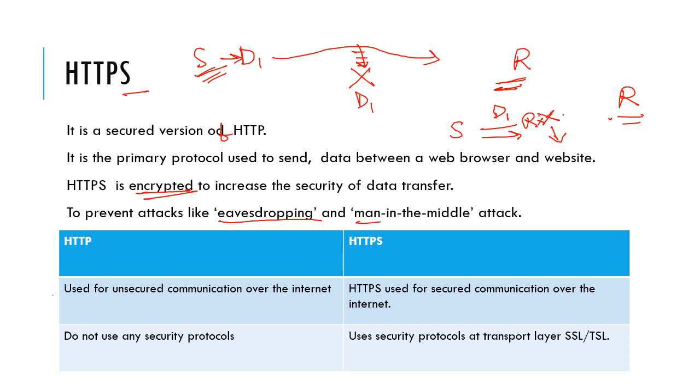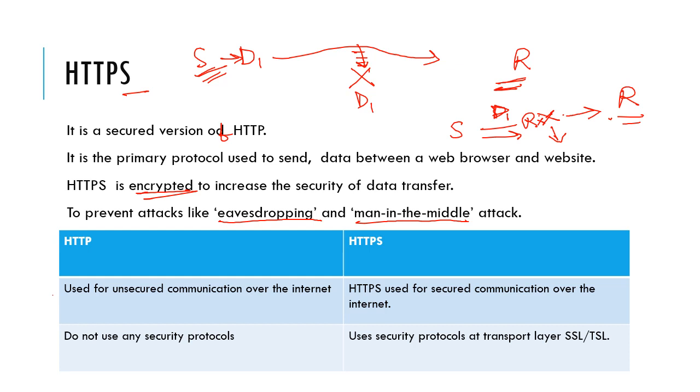This is known as man in the middle attack. Depending upon the information he received in D1, he might give some other information to R, the receiver, or maybe he might change the information altogether. So these are some of the attacks used by hackers, used on unsecured communication over the internet.